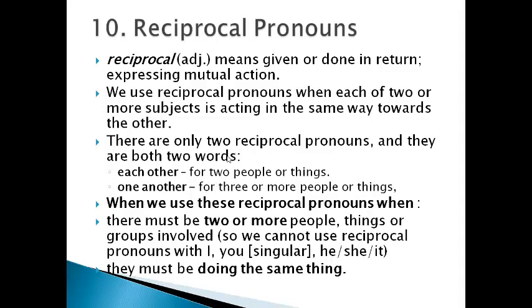When we are talking about more than two people, three or more, we use one another. When we talk about only two people, we use each other. The money was distributed among one another, or they fought each other. That is called a reciprocal pronoun. We have only two reciprocal pronouns.